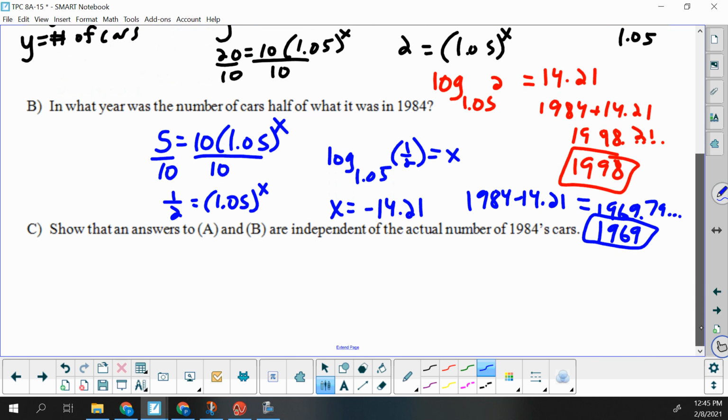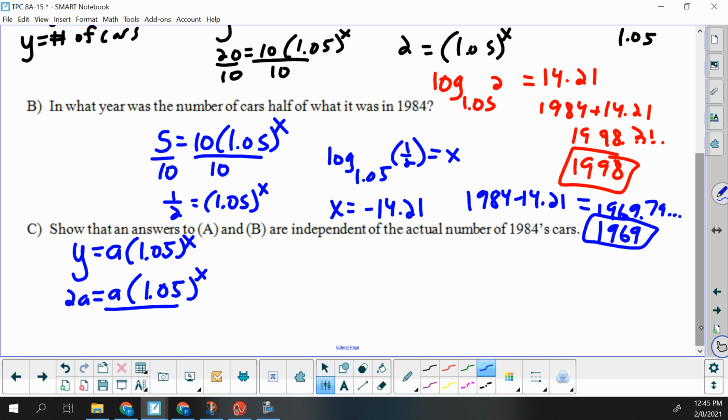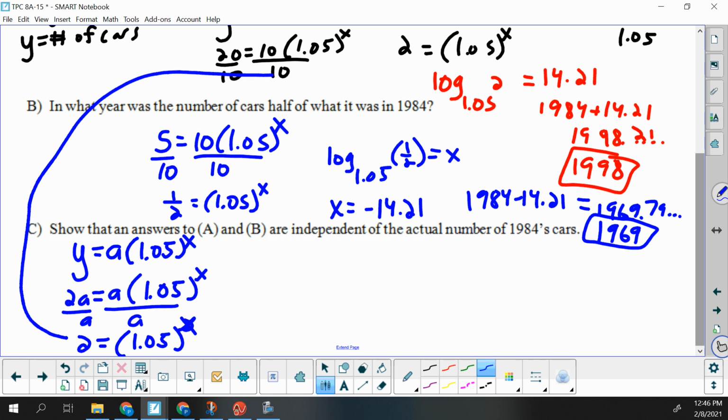Now the last part of this, we want to show it's independent of what the initial amount of cars was. So we just randomly picked 10. What if we just left this as y equals a times 1.05 to the x? And when it doubles, that would mean we would want y to be 2a. Well, the first thing we would do is divide a over, and we get 2 equals 1.05 raised to the x. Notice that matches exactly what we had up here.